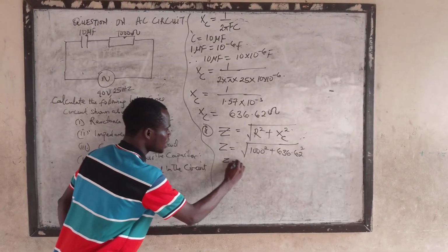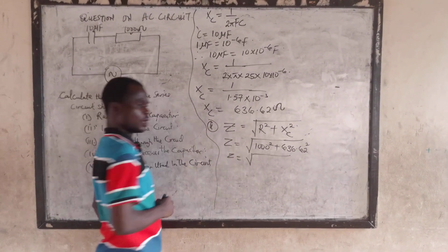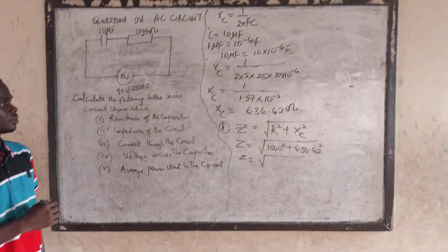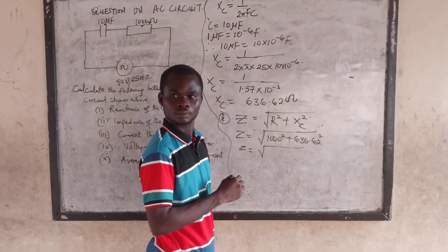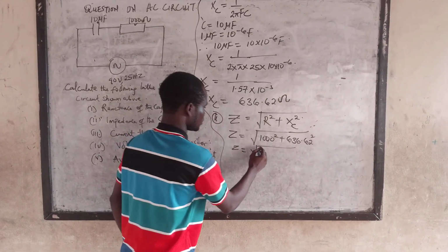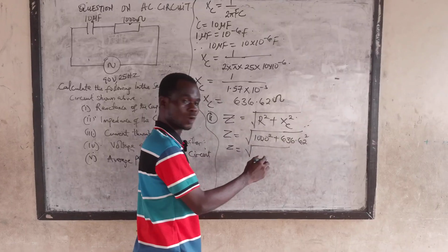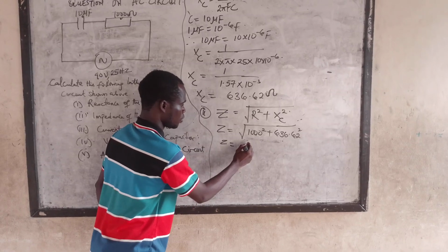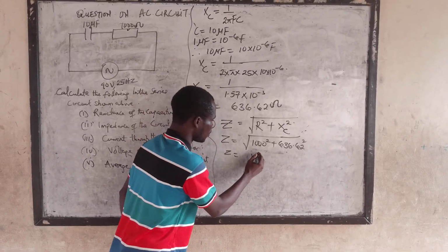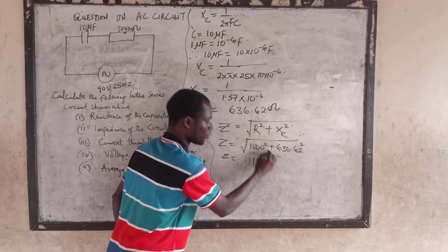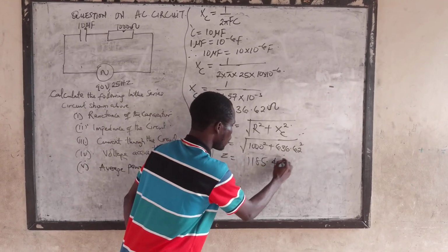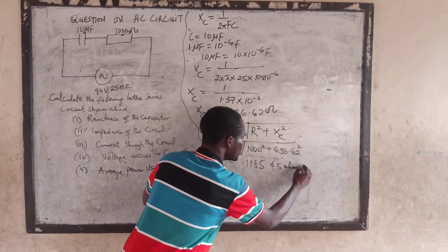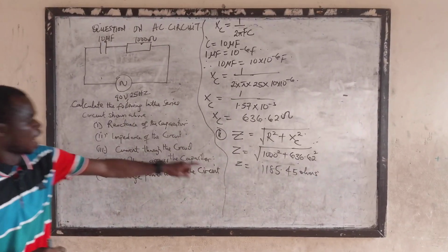Taking the square root, I have my impedance as 1185.45. What is the unit of impedance? Still the same, ohms. So we have our impedance.